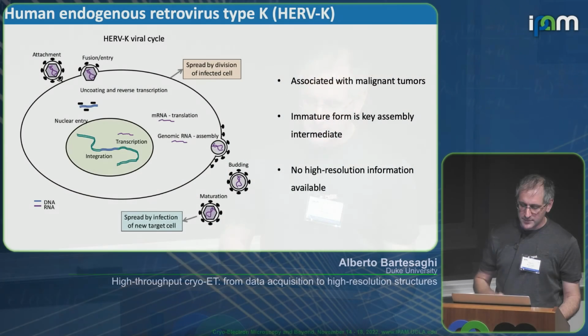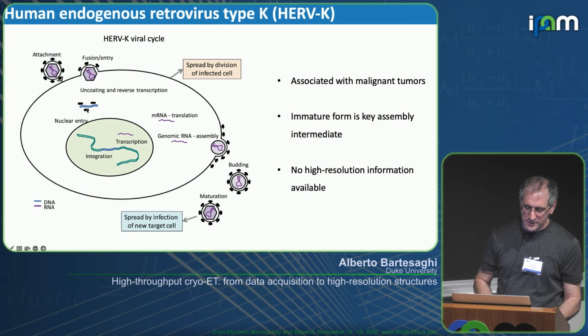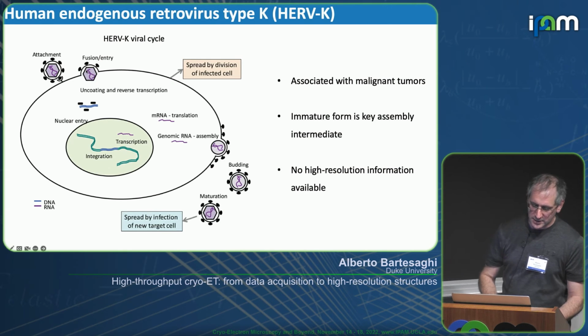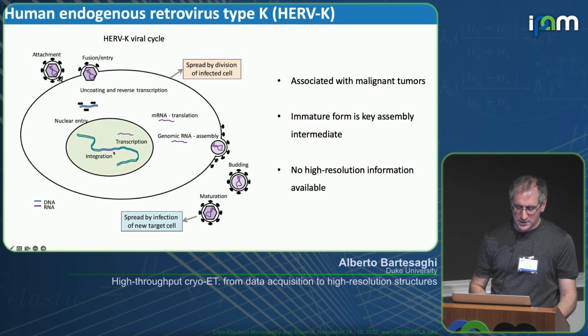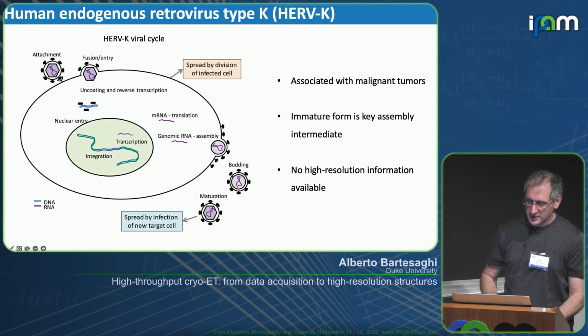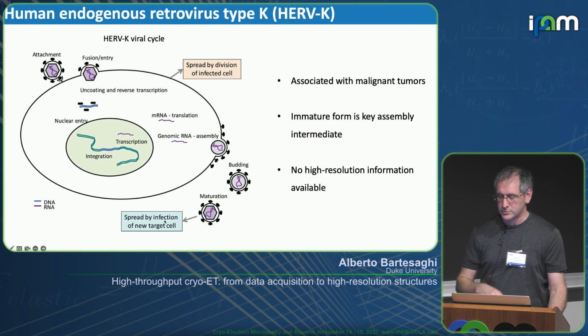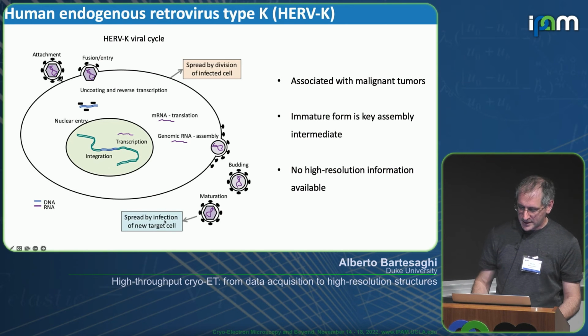So this is a retrovirus type K, where it's just like most other retroviruses. You have an infectious particle that attaches to the host cell. And then the material gets integrated in the genome, and then it replicates itself, and then it buds out of the cell, and then you have this immature state of the particle that eventually matures and then goes back to infecting other cells.